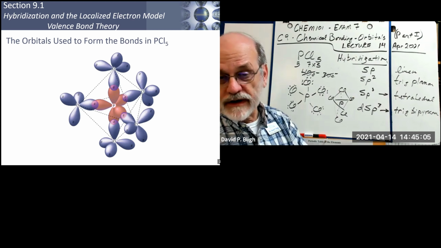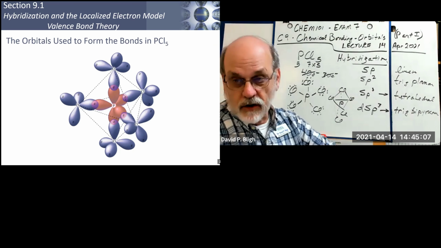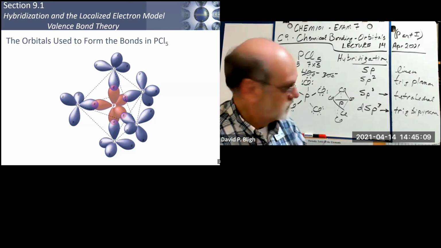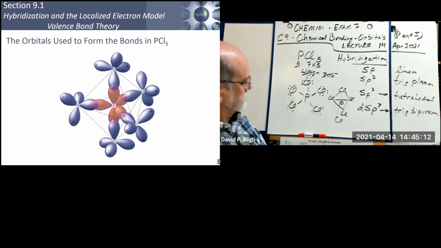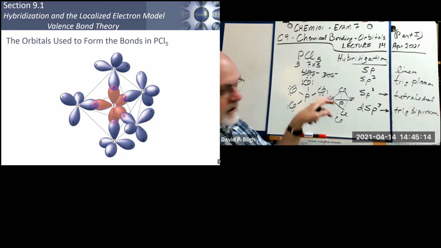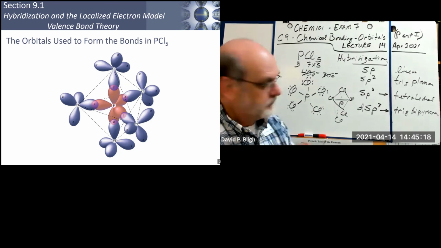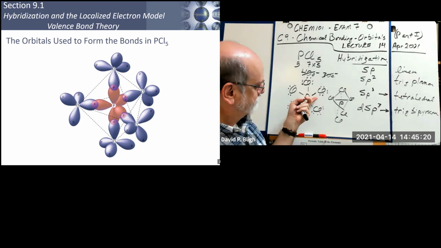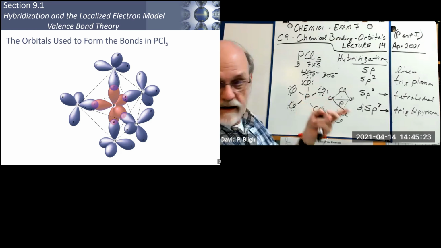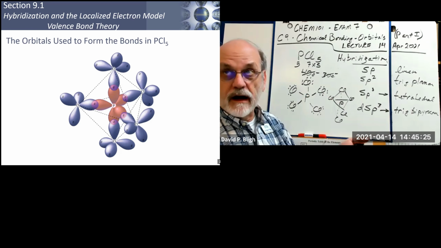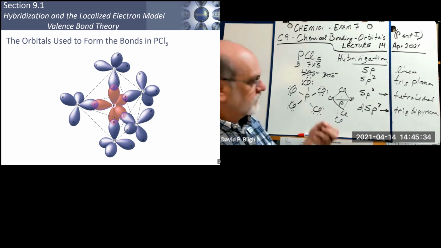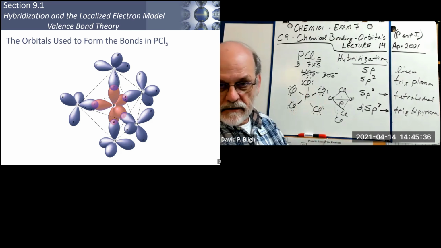We haven't talked about chlorine yet. Is chlorine hybridized too? Well, let's see. Chlorine only has to form a single bond, correct? If it only has a single bond, and chlorine has 3p, one of its 3p orbitals can handle that.